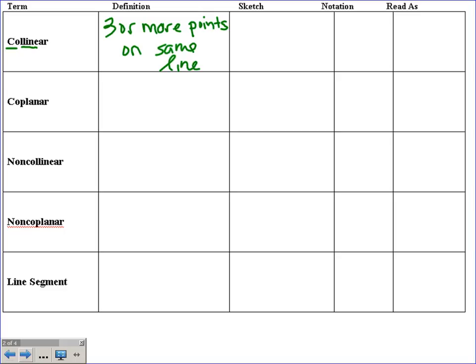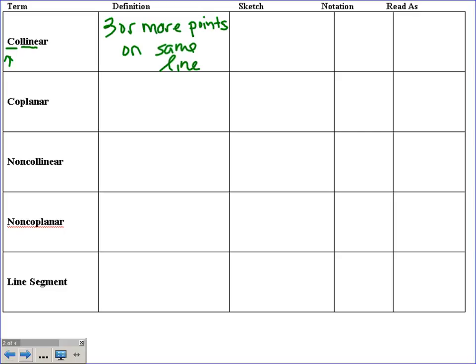Co basically means on the same, and line is the linear part, like a linear equation. What's an equation for a line? It actually has the word line in it, so you should think line.